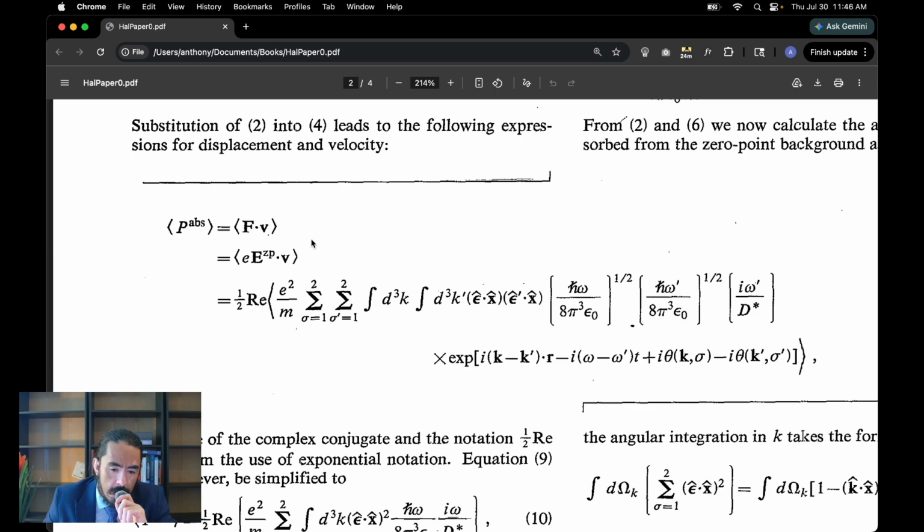So when we expand out the definition of power as the dot product of force with velocity, we have charge lowercase e times the electric field capital E superscript ZP corresponding to our SED formulation of the electric field. We have lowercase e times the electric field capital E dot product with velocity, and then we're taking the expectation value of this.